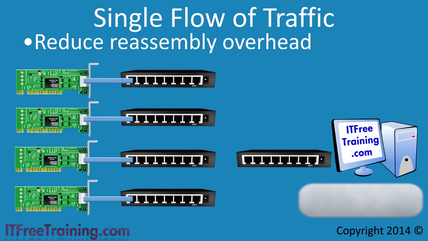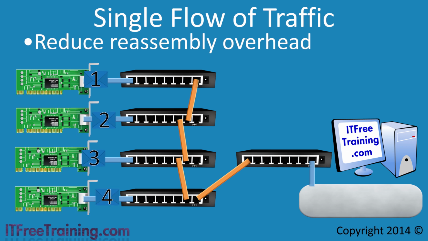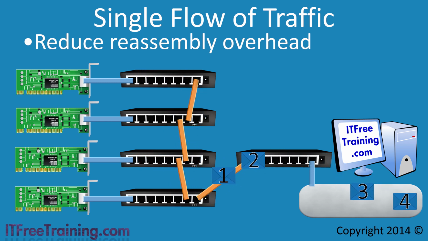Let's consider an example where there are 4 network adapters connected to the network. Each network adapter transmits 1 packet to the destination. Notice that when the packets arrive, they arrive in the reverse order. Having packets arrive out of order means the destination device needs to hold these packets in memory until the first packet arrives.